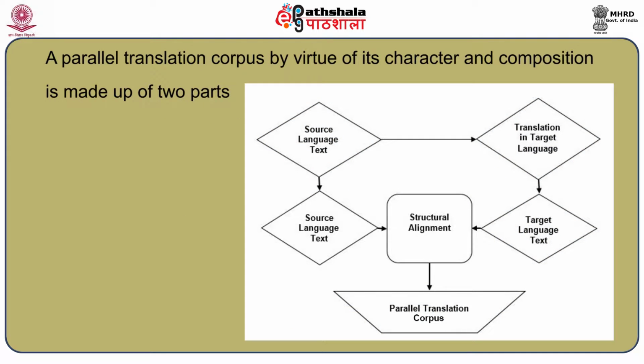A parallel translation corpus, by virtue of its character and composition, is made of two parts: a text taken from a source language and its text taken from the target language. Although a parallel translation corpus is normally bilingual and bidirectional, it can be multilingual and multidirectional, particularly in the case of Indian languages, as actually happened in the ILCI and ILCI 2 projects.